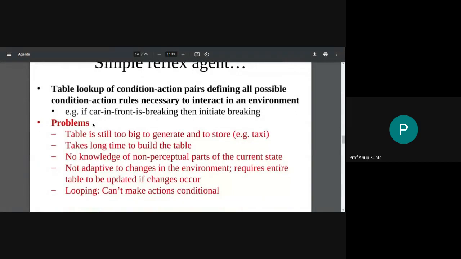Okay, these are the problems. Table lookup of condition action pairs defining all possible condition action rules necessary to interact in an environment. Environment में work करने के लिए आपको ये condition action rules पहले से ही define करके रखना पड़ेगा. तो ये तो वही हो गया. मुझे पूरा टेबल के जगह पे अभी condition action rules पता करने.